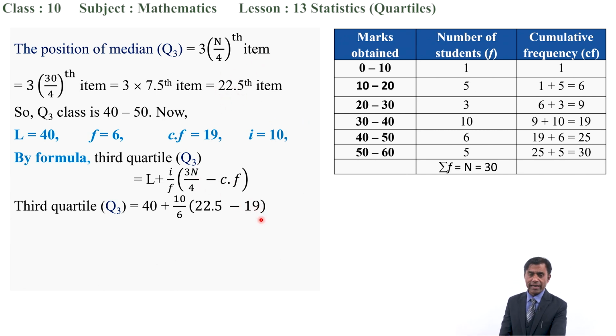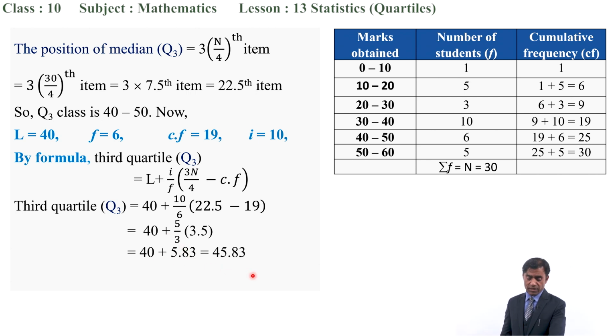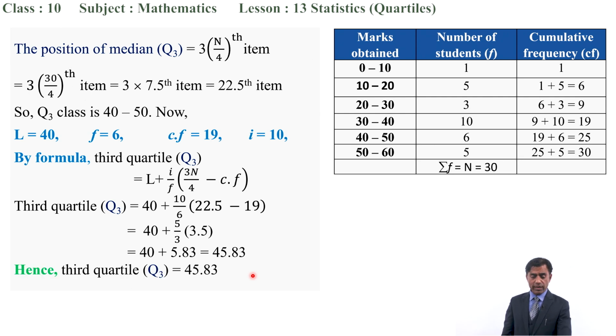Then simplify 22.5 minus 19, the result is 3.5. Now 10 divided by 6 is 5 by 3, and simplify, 40 plus 3.5 multiplied by 5 and divided by 3, result is 5.83. So 40 plus 5.83 is 45.83. That's the third quartile Q3. Hence third quartile Q3 is equal to 45.83.